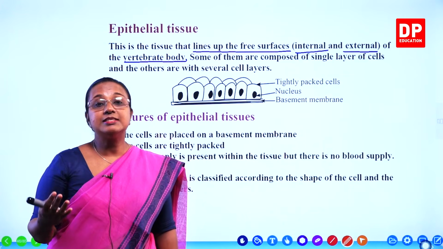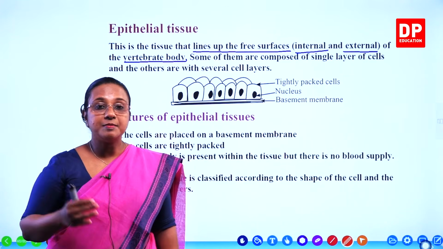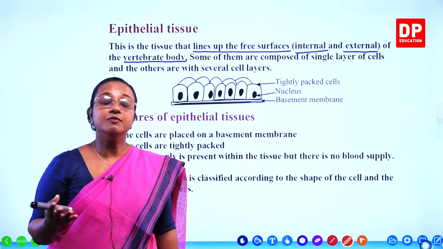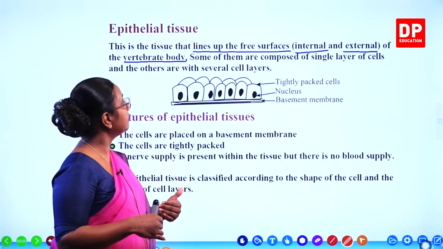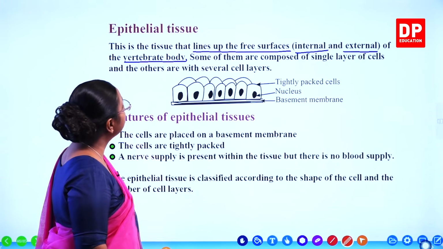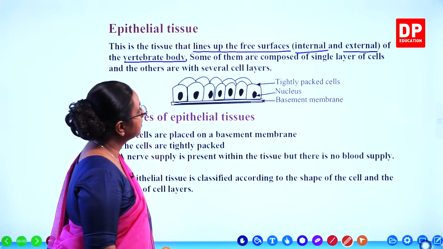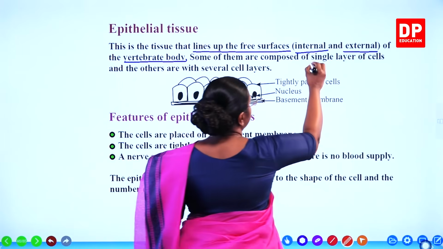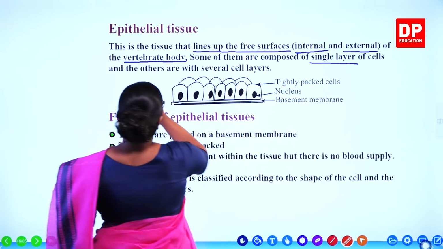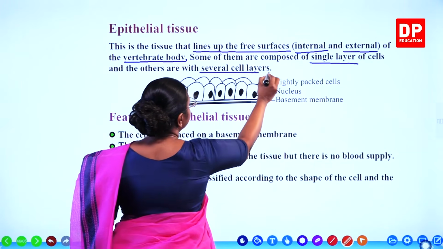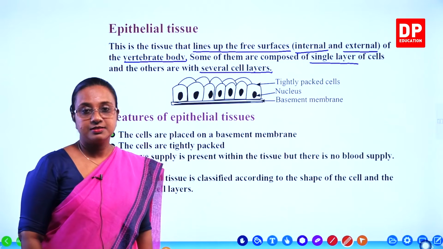So, man is a vertebrate, and there are many other animals that are vertebrates. All of our body has this epithelial tissue. Some of them are composed of a single layer of cells and the others with several cell layers.